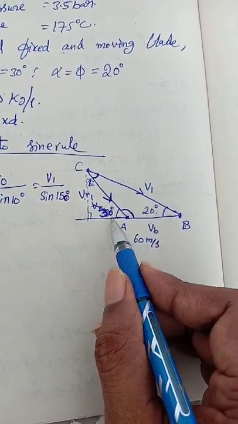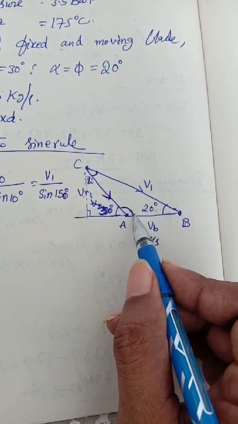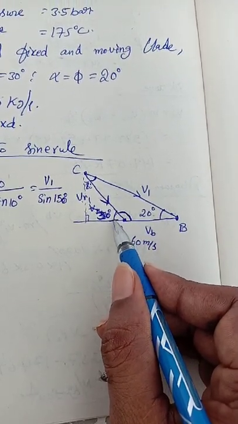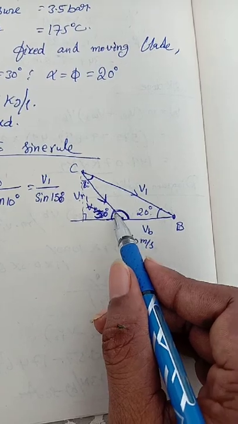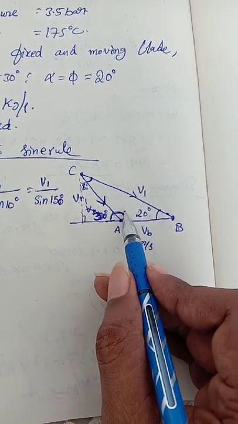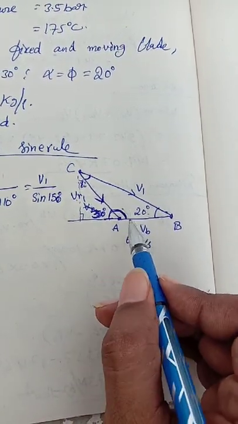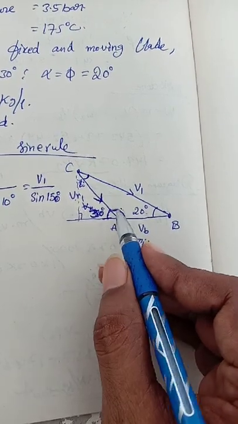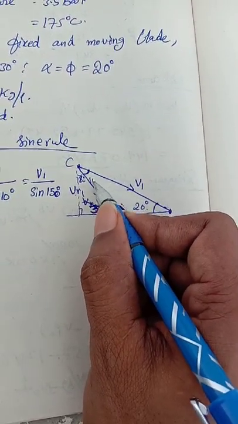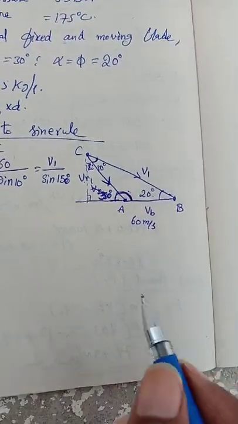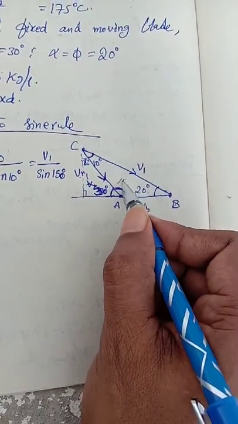Look at this, this is coming from 30 degrees. This total it will come 180. Okay, 180 minus 30 is equal to 150. So this is coming from 1. This is coming from 10 degrees. Now this is coming from 150.